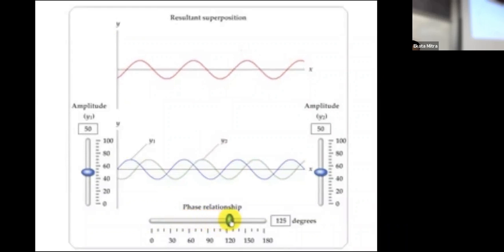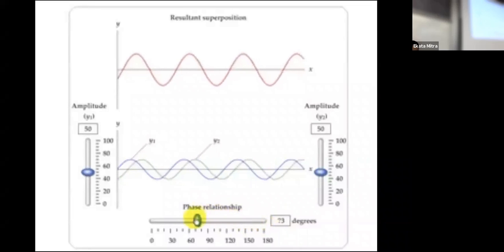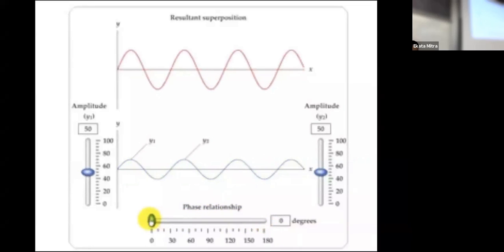Eventually, when they are exactly out of phase with one another, we get destructive interference, and we have a resultant wave of 0. So when they are out of phase by 180 degrees, you get destructive interference with 0 amplitude. And if we move it back to where they're in phase, we get constructive interference and the maximum amplitude.